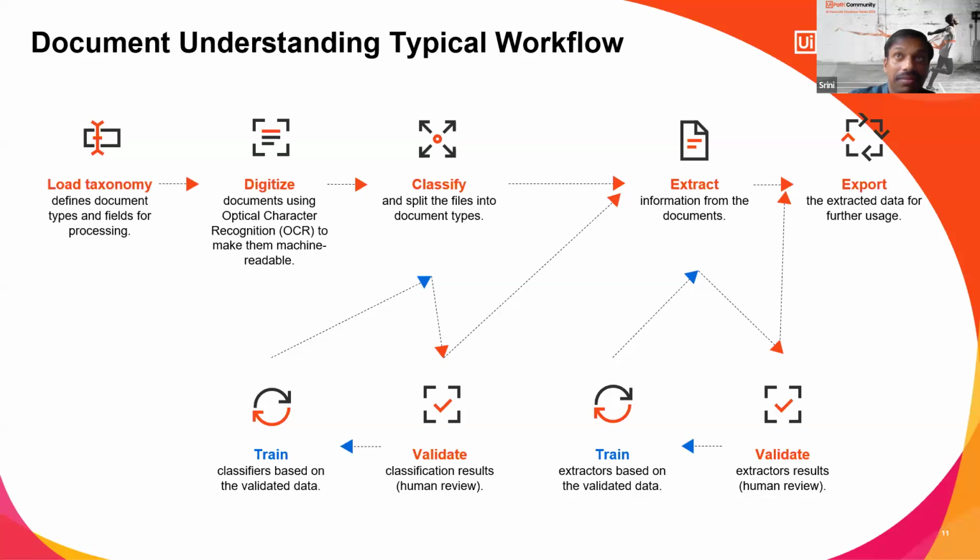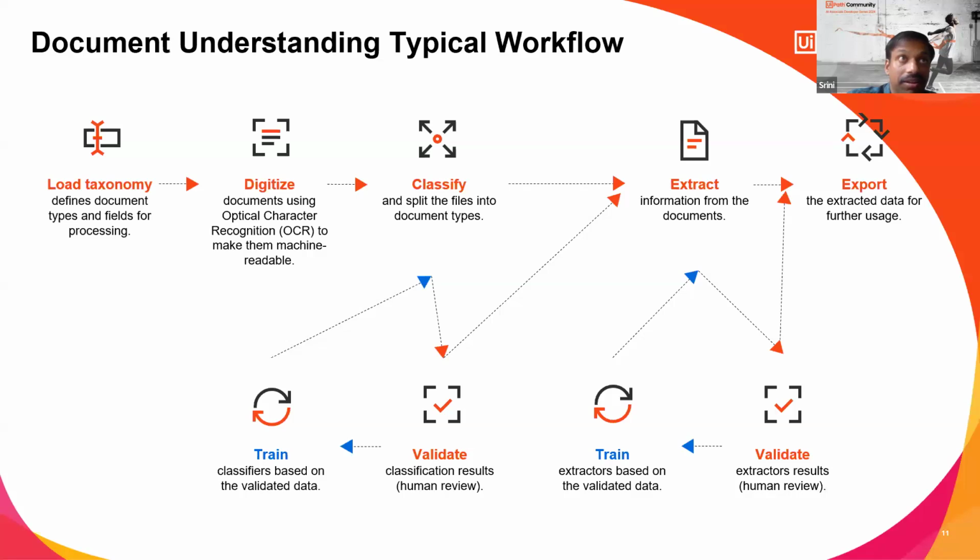Let's say take an invoice, it can contain line items, but for one process we only need the date of the invoice, the name of the company, and how much quantity of goods and price only. But it can contain other information also which is not required for a certain process. At that time we can load the taxonomy to extract only defined fields. Yeah.